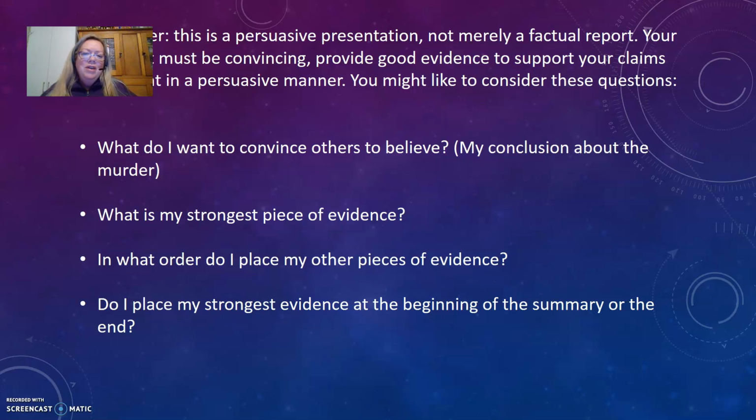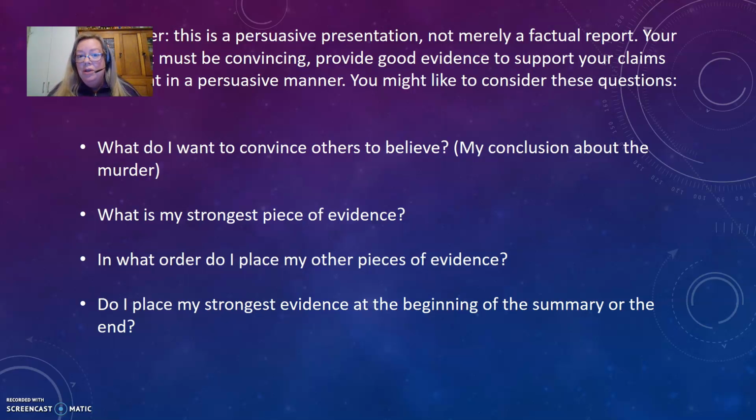Okay, and the other thing is, in what order do I place my other pieces of evidence? Do I place my strongest piece first, go in with full force, and then gradually filter in all the other bits and pieces? Or do you start out with just a little bit, give him a little bit of bait and see if he'll take that hook, and how do you present that?